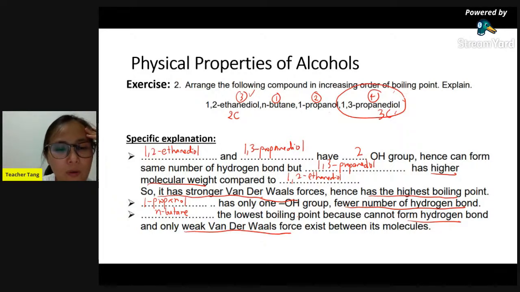While 1-propanol only has one hydroxyl group, so forms fewer hydrogen bonds, so lower boiling point compared to 1,2-ethane-diol and 1,3-propane-diol. And for 1,3-propane-diol, higher boiling point because higher molecular weight, therefore stronger van der Waals forces, highest boiling point.